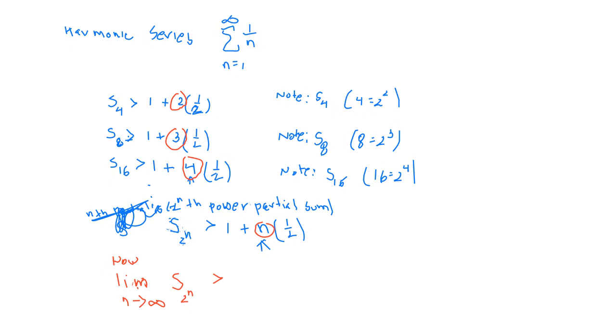All the terms are positive, so it would have to be greater than the limit as n goes to infinity of 1 plus n over 2. What's that limit going to equal?